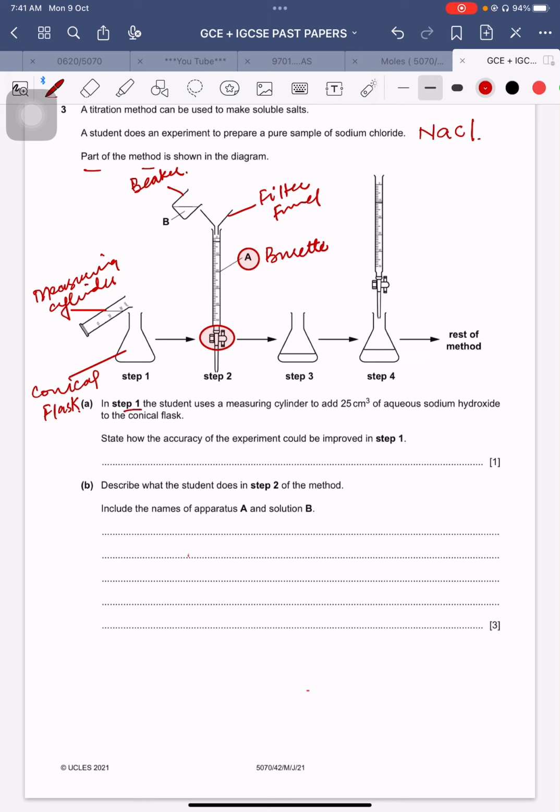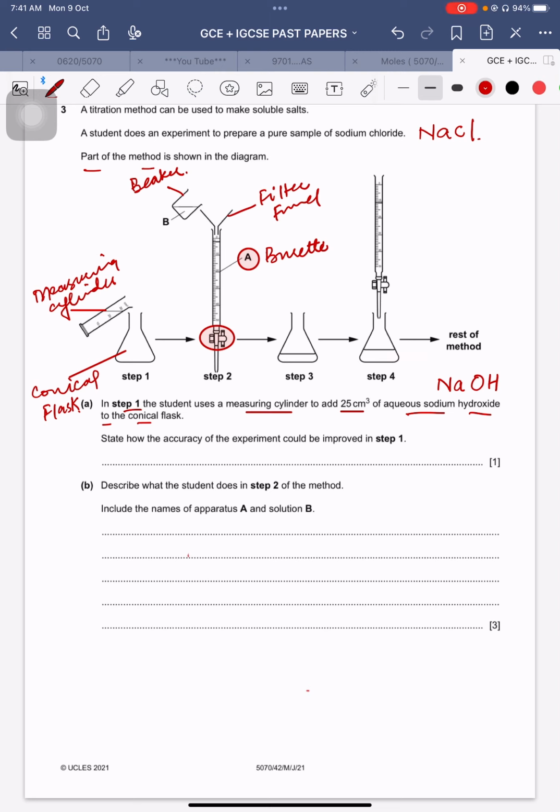In step number 1, the student uses a measuring cylinder to add 25 cm³ of aqueous sodium hydroxide to the conical flask. Now, before moving ahead, I would like all of you to know the formula of sodium hydroxide, NaOH: N capital, a small letter a, then O capital letter, and then H capital letter.